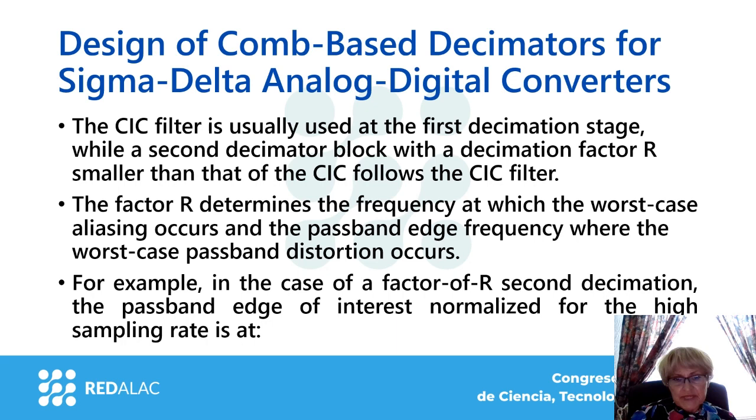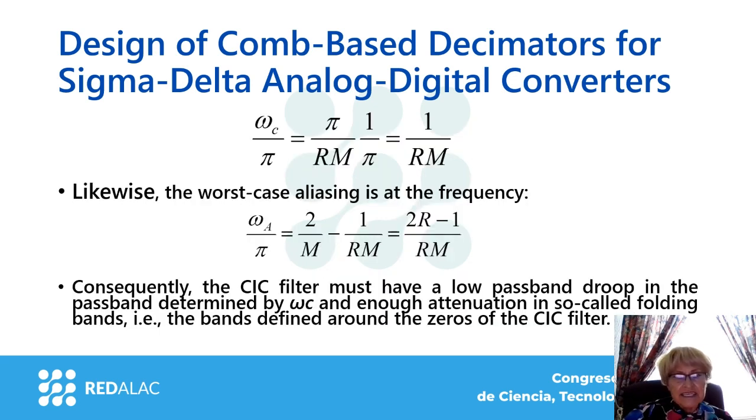For example, in the case of a factor R second decimation, the passband edge of interest normalized for the high sampling rate is given in this equation. Similarly, the worst-case aliasing is at the frequency expressed in this second equation.